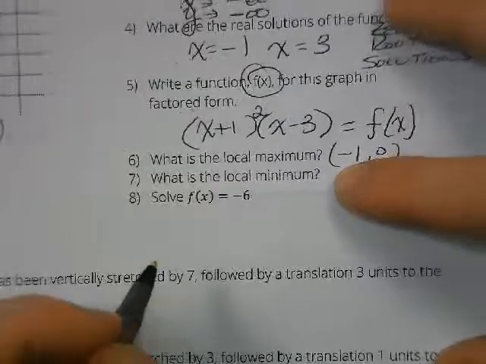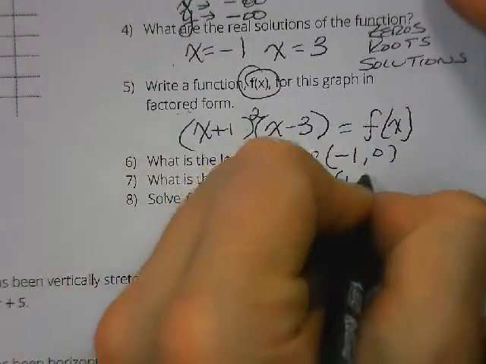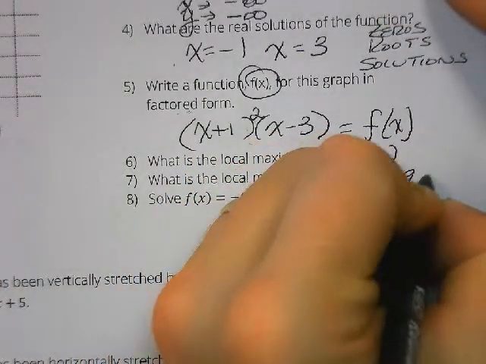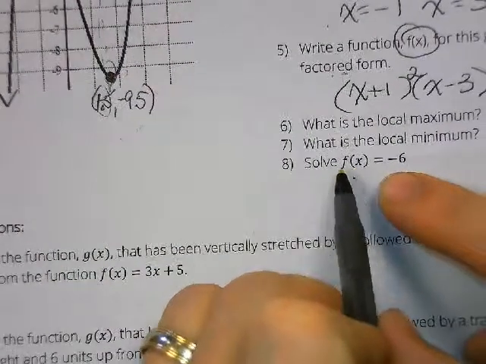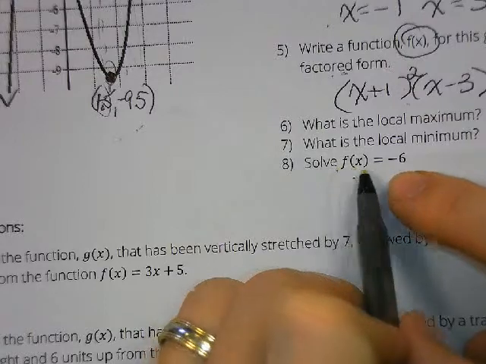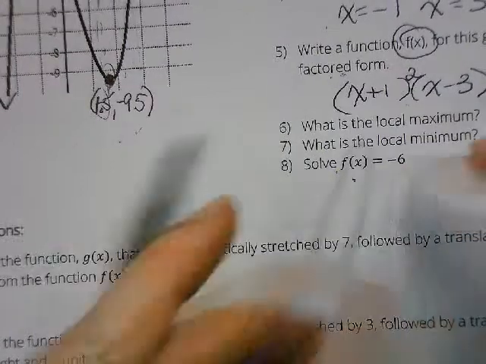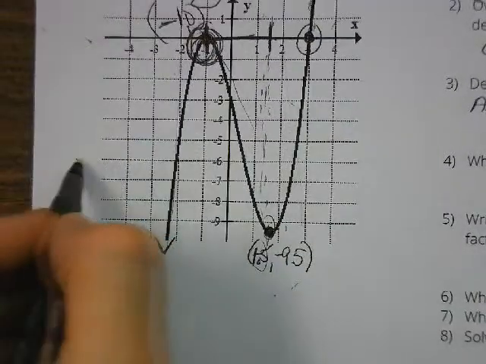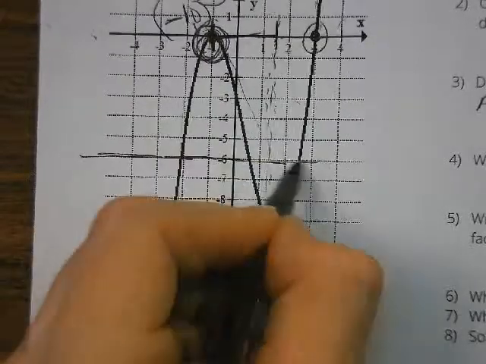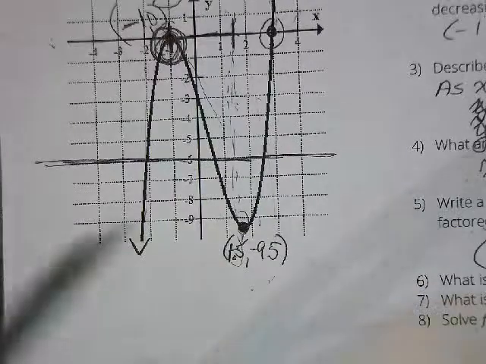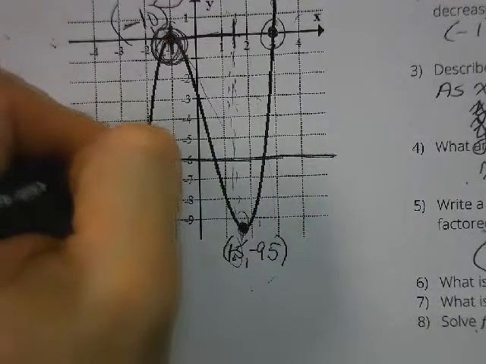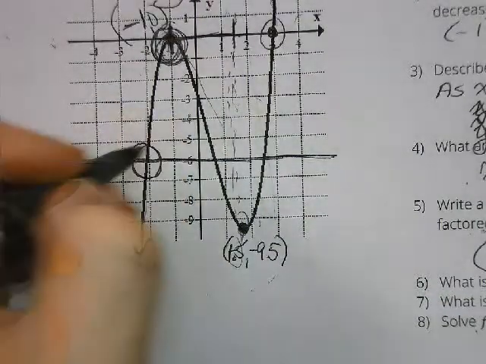And then they want us to solve for where the function happens when y is negative 6. So we're going to come down here to where y is negative 6. And I actually see now 3 solutions for that. The function crosses here at negative 6, here at negative 6, and here at negative 6. So we're going to list those 3 coordinate points.